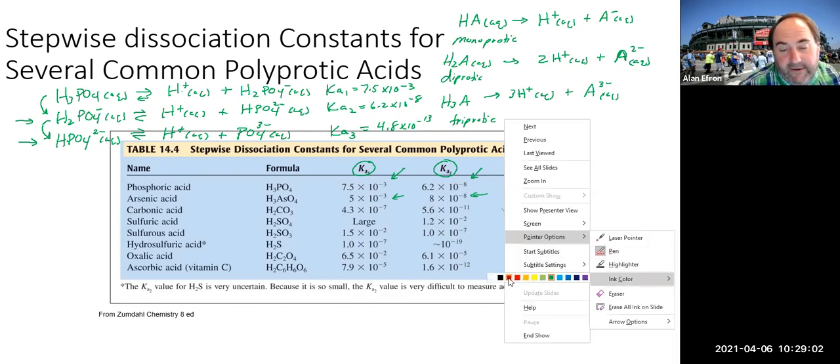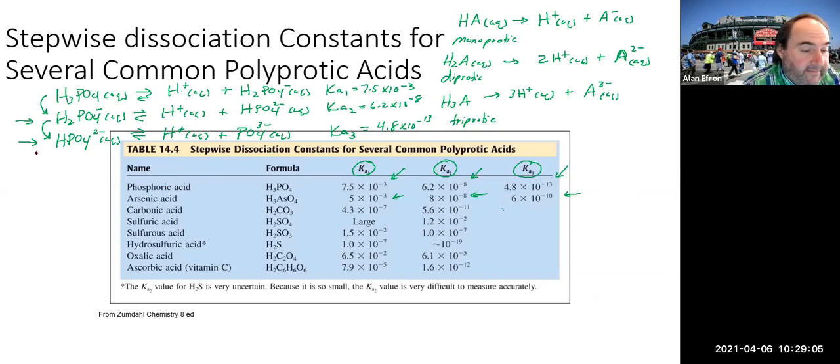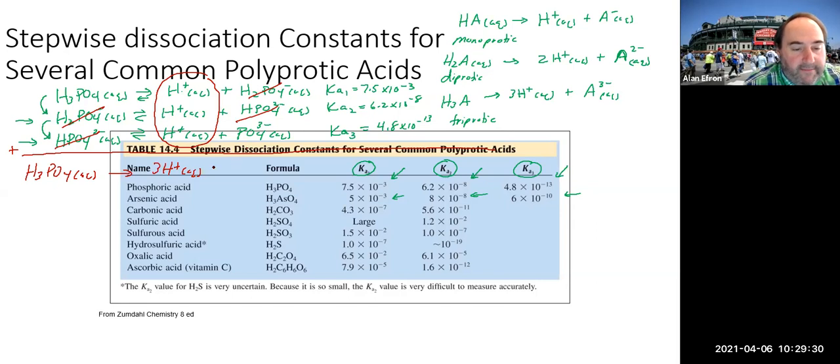And that's why we sometimes think all three of them just pop off at once, because when we add together all three of these steps, this cancels, and what we're left with is H3PO4 on the left-hand side of the arrow, and on the right-hand side of the arrow, 3 H pluses and PO4 3 minus.